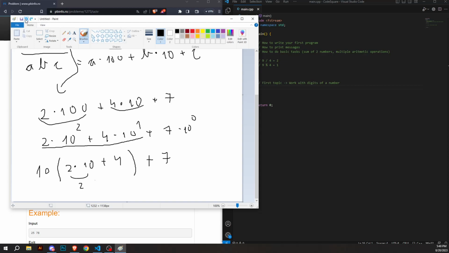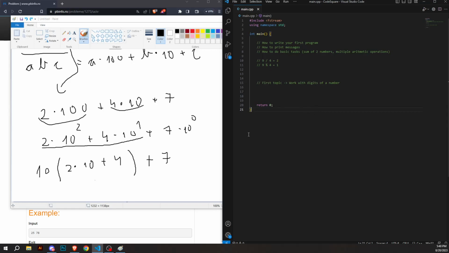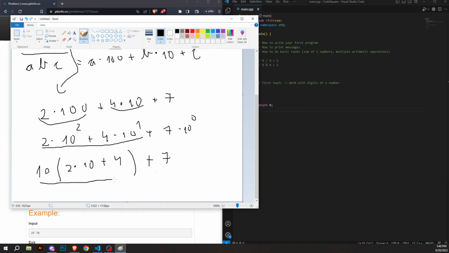Now, the main idea is that this equation looks very similar to the division formula. So basically we could say that 247 is 10 times this 2 times 10 plus 4, plus 7.